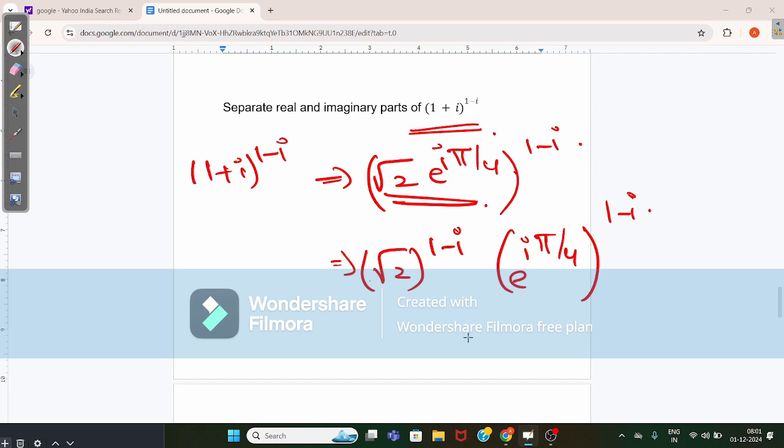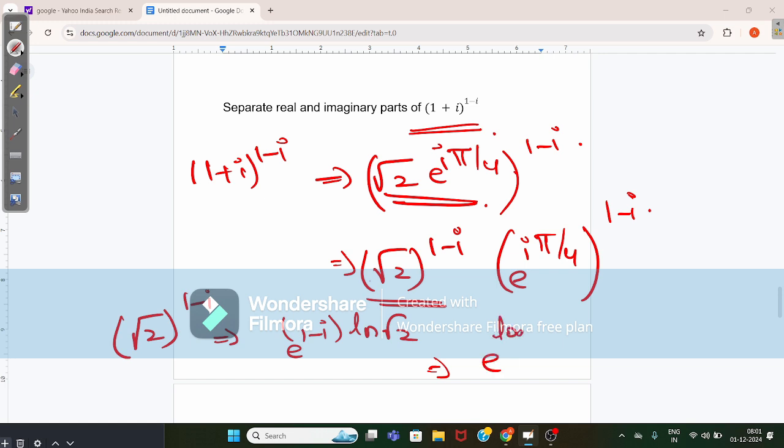I'm calculating this value: root 2 whole power 1 minus i can be written as e power (1 minus i) into log root 2, that is e power log root 2 minus i log root 2.